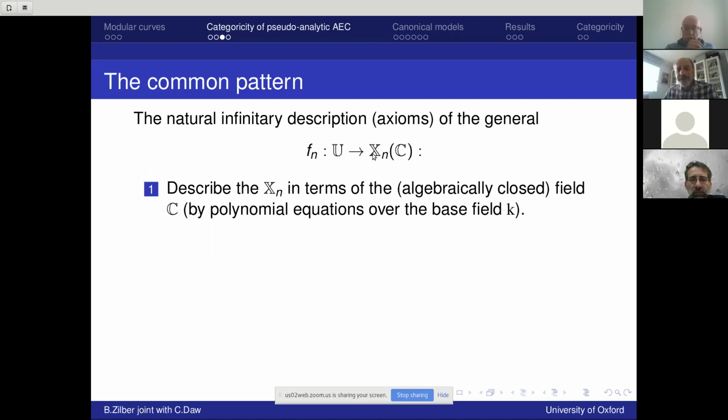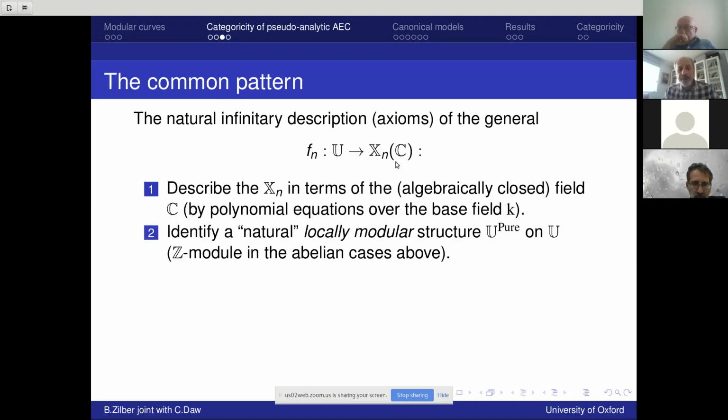And then you give equations, in whatever terms this is given, of these varieties, right? So these are varieties that are given by certain equations over, well, these are C points of, well, you can say schemes over this number field K, right? So this is the first part of your description.